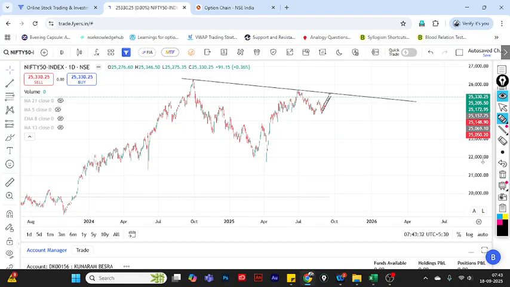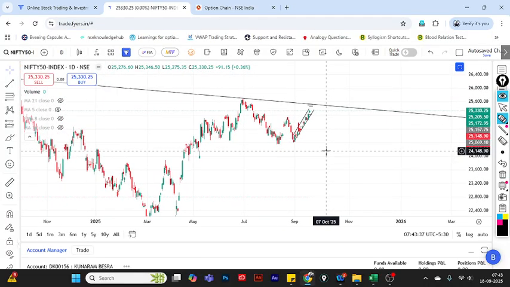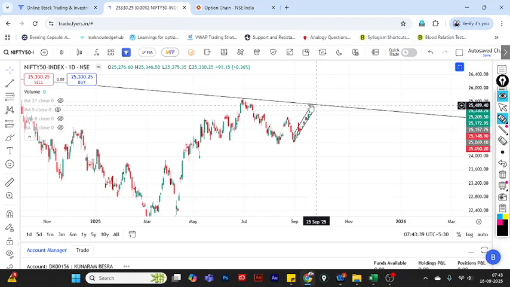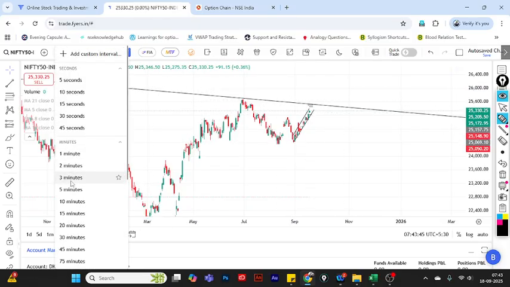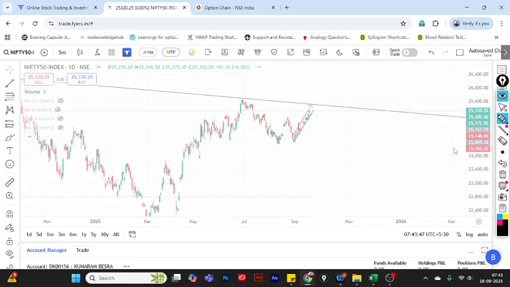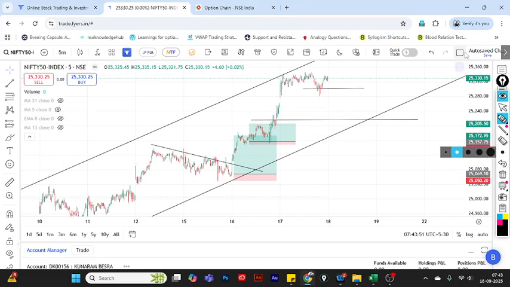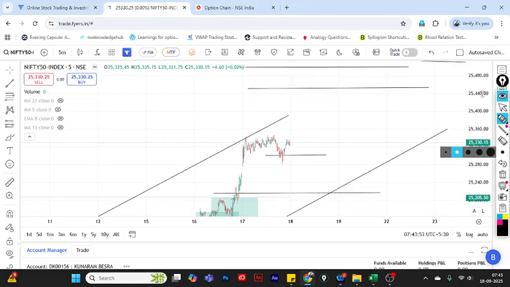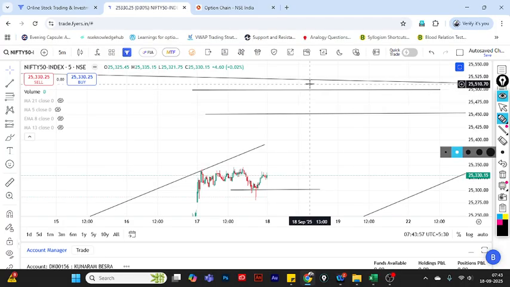A lower trend line is not required now because the market is moving upside. This trend line will act as the major resistance. Now let's jump again into the 5-minute time frame and see at what level that bigger resistance is. You can see here around 25,550.